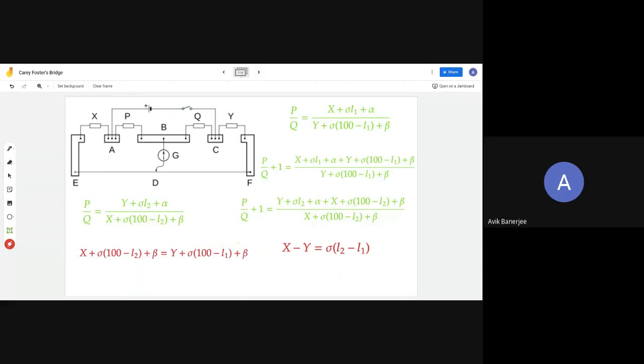Or you may write it as ohm per centimeter if you like. So if L1 is the length of this part of the wire, so L1 times sigma will give us the resistance of ED. So X plus sigma into L1 plus alpha, alpha is the extra resistance.